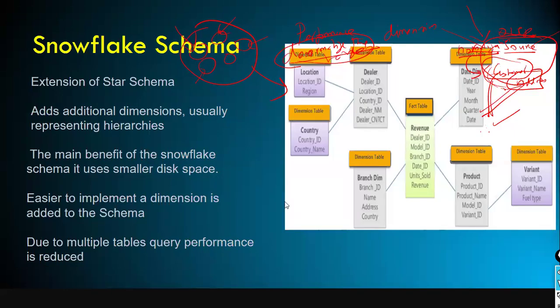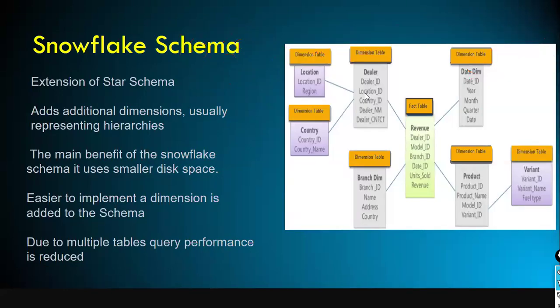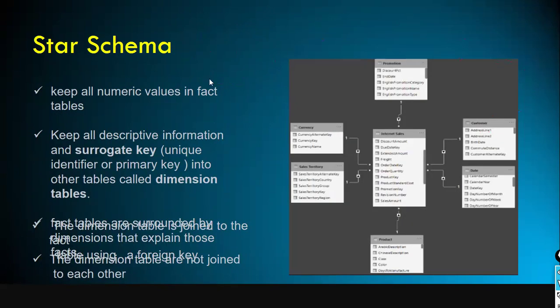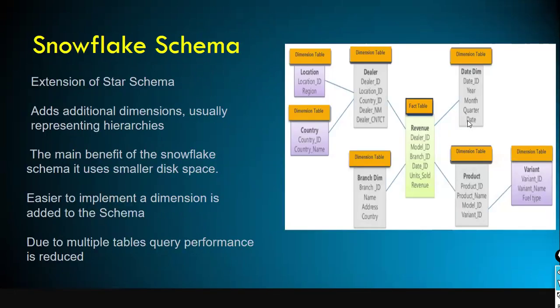it is also similar to your star schema, but here we are breaking down a single dimension table into more than one dimension table. Contrary to the star schema, where we combine more than one table into a single table, here we are splitting a single dimension table into more than one dimension table to store the information logically in different tables.